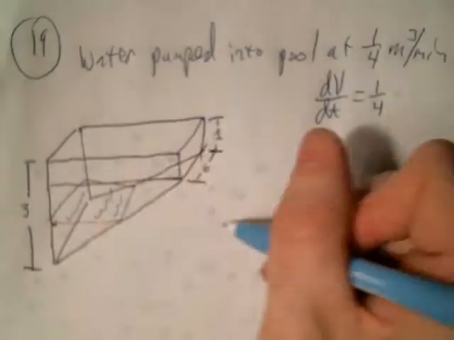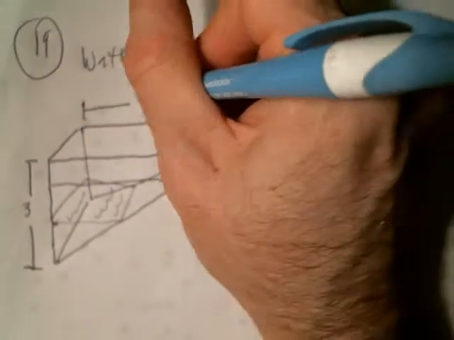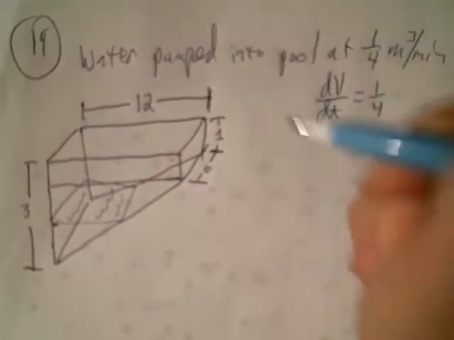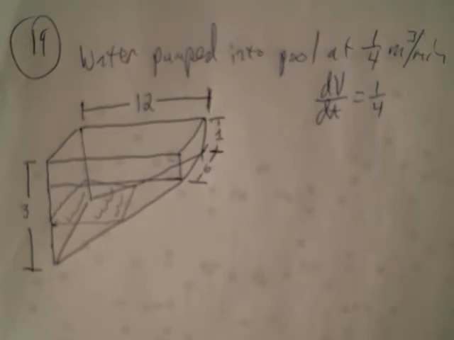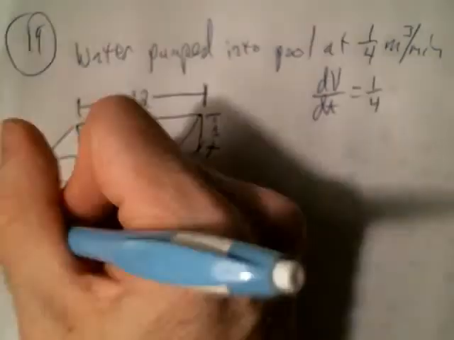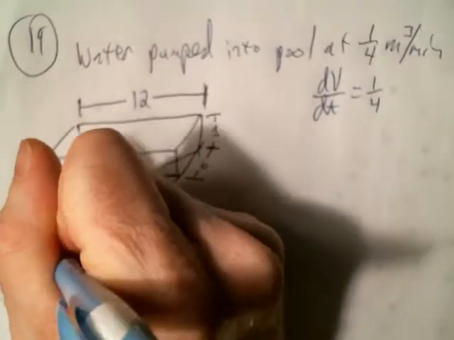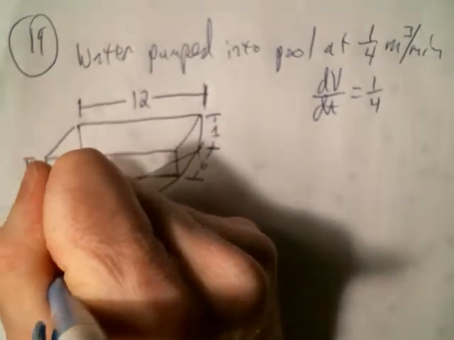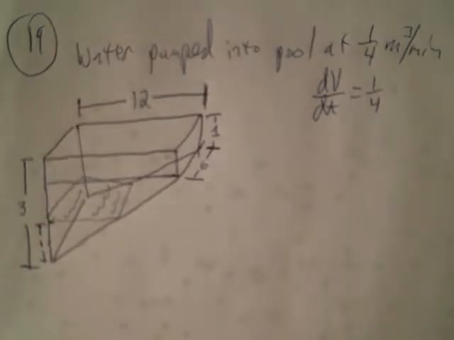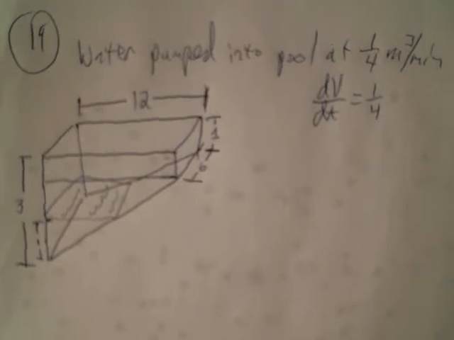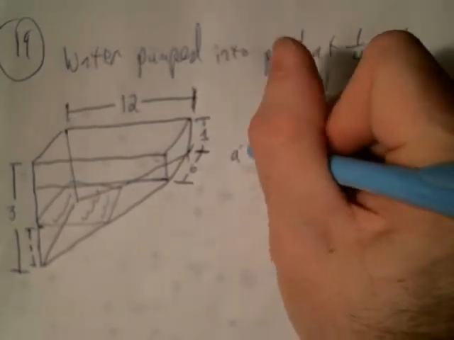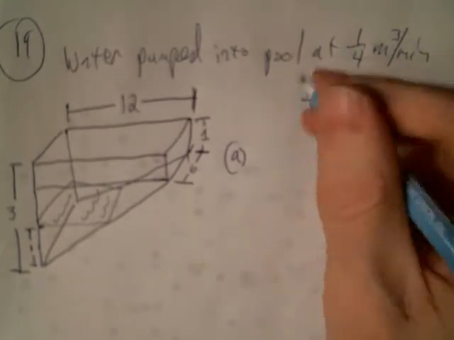And this distance here is 12 meters. I think that's really all they say. The pool is initially filled 1 meter deep, so this is 1 meter. Okay, I think that's all they give us. If not, I'll adjust. But part A, they want to know what percent of the pool is full.